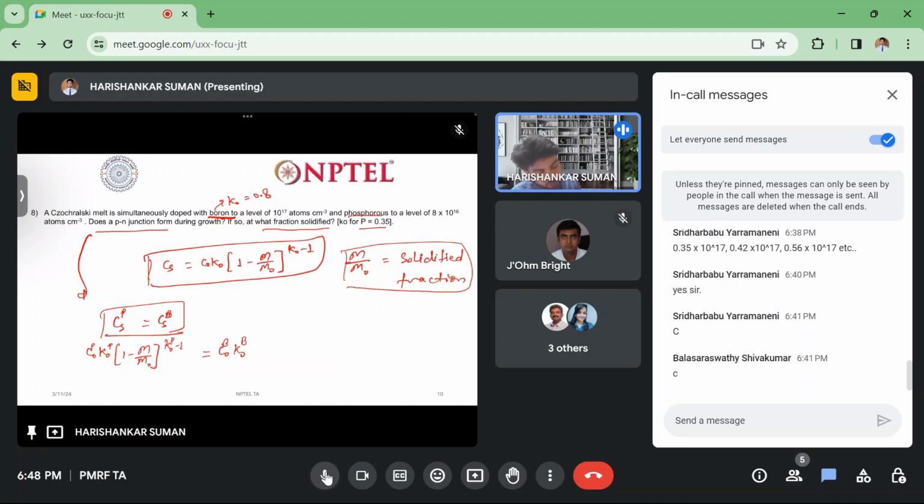These represent boron and P is phosphorus. We have to find M by M naught.